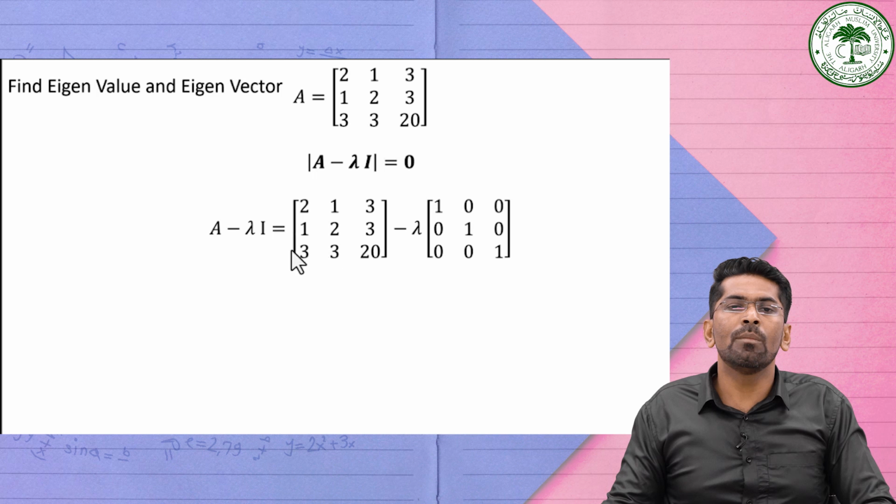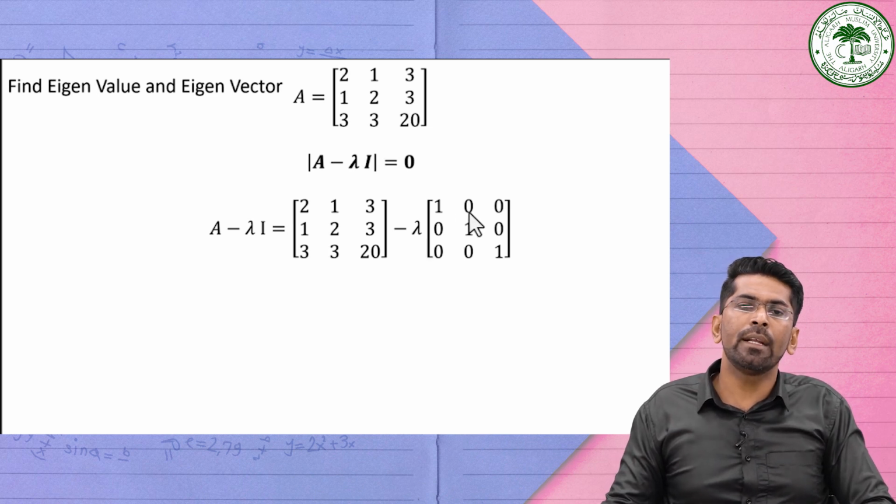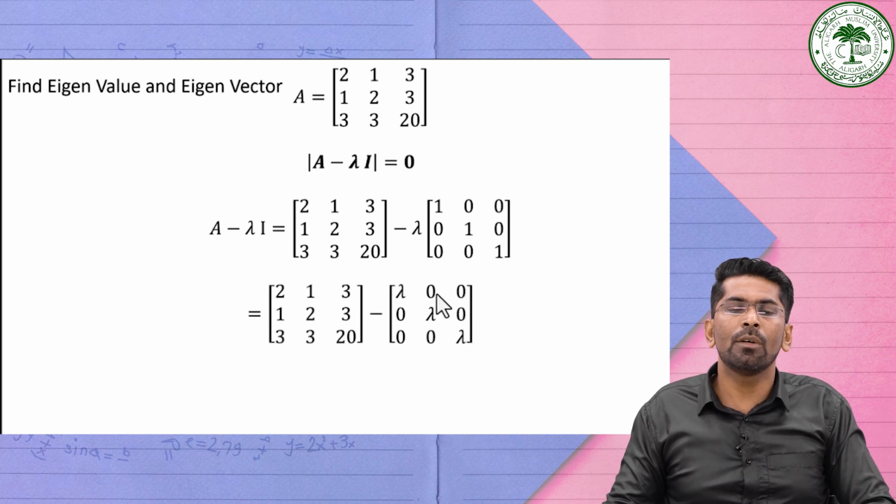So here, the original matrix A I have written, then minus lambda into a 3 by 3 identity matrix, which I am introducing here. If you multiply the identity matrix by lambda, it becomes lambda 0 0, 0 lambda 0, 0 0 lambda.